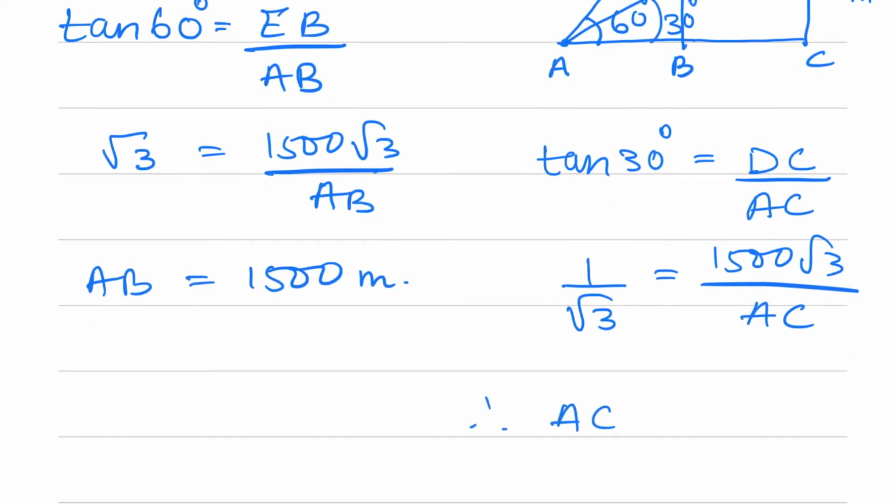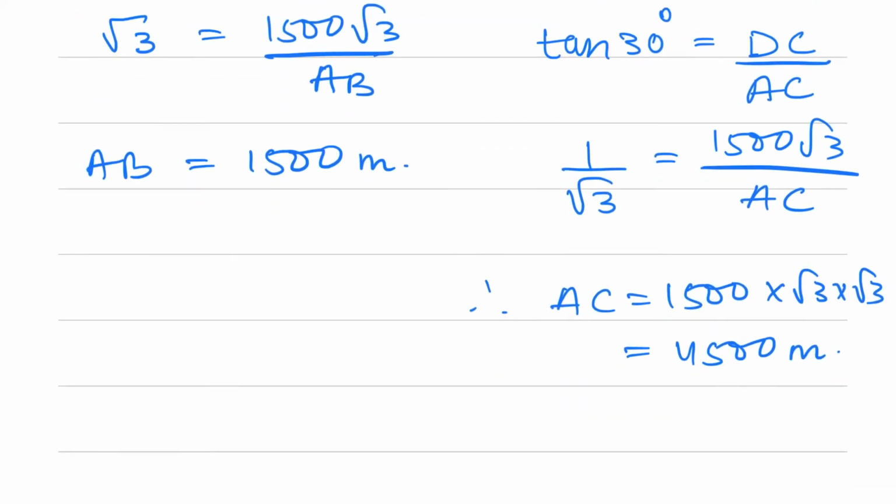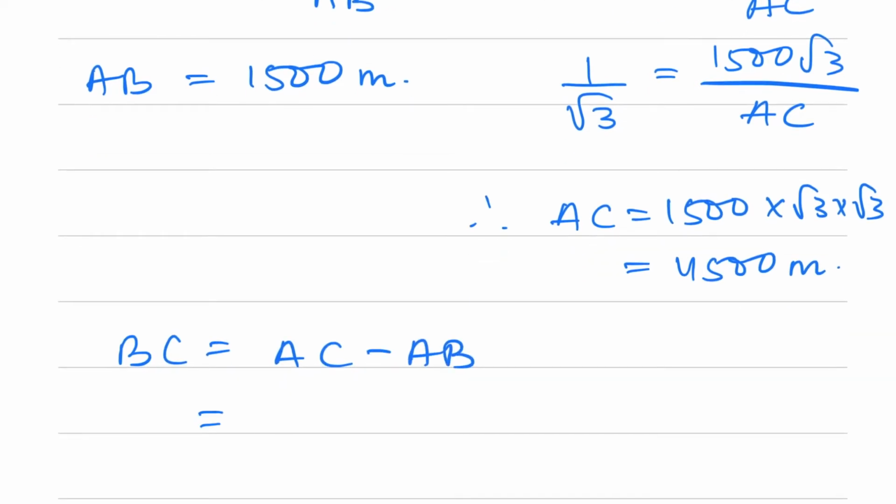Therefore AC is equal to 1500 into root 3 into root 3. So this is equal to 4500 meters. Okay, now we have to find BC. So BC will be equal to AC minus AB. So we have AC as 4500 minus 1500, so 3000 meters.